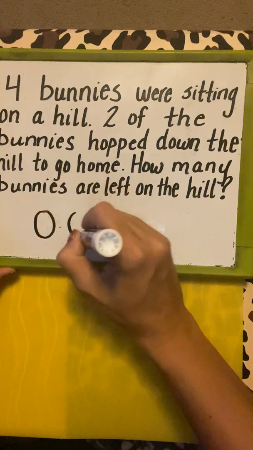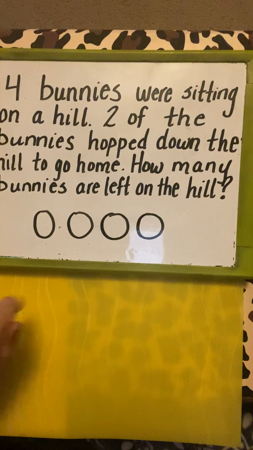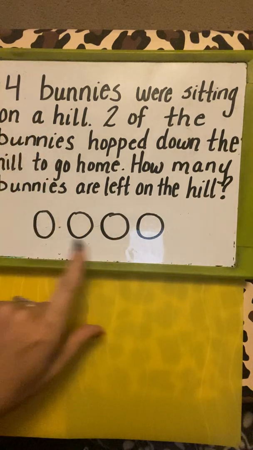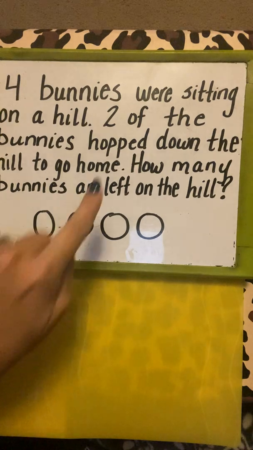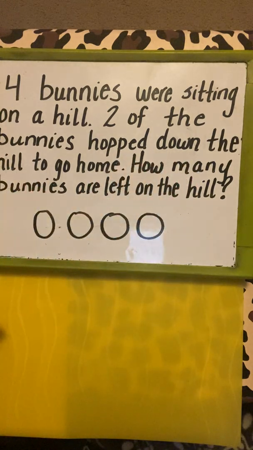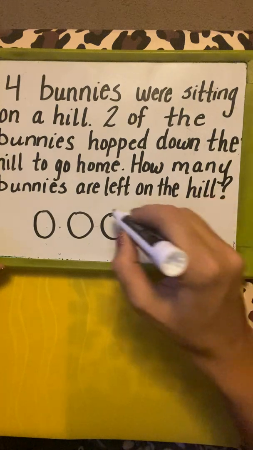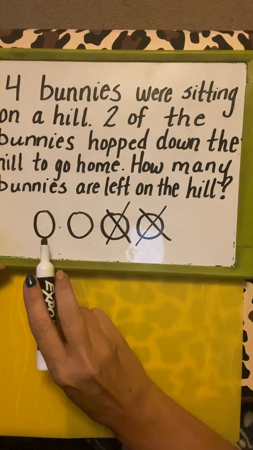So 1, 2, 3, 4. We could use a picture to represent the word problem. 4 bunnies were sitting on a hill, and 2 of the bunnies hopped down the hill to go home. So remember yesterday we crossed them out. 1, 2. And how many were left?